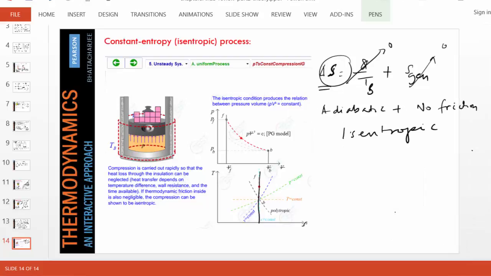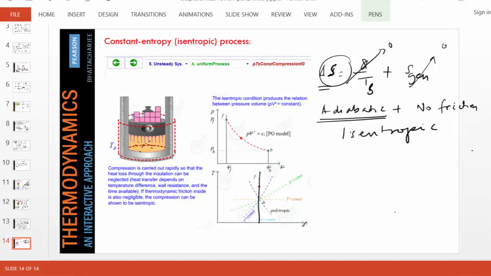Well, sometimes the process is so fast. Suppose you're compressing a gas so rapidly, even if the cylinder is not insulated, there is no time for heat transfer. And the adiabatic assumption may be a really good one. So in a car engine, the gas is rammed into compression so fast that even though there is no insulation, the adiabatic assumption is perfect. And no friction is also a good idea, because we are not talking about the friction between the cylinder and piston. It's the friction inside the gas.